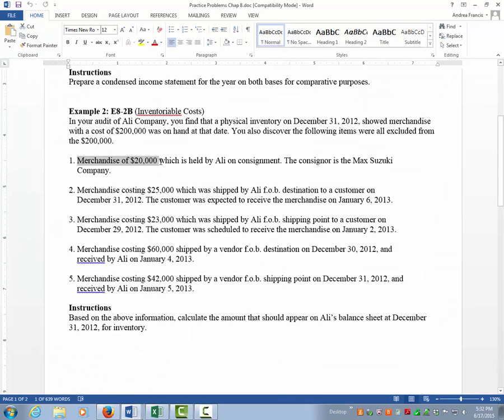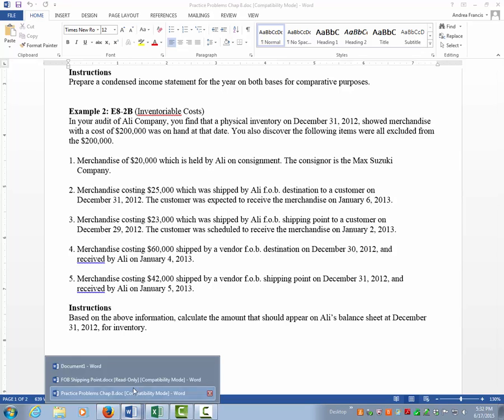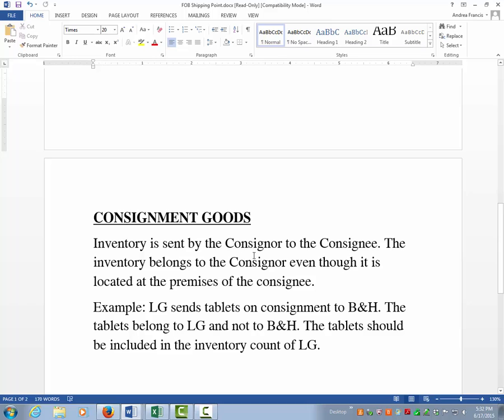So in number 1, there's merchandise of $20,000, which is held by Ali on consignment. The consignor is the Max Suzuki company. So let's go back to our theory about consignment goods. Inventory is sent by the consignor to the consignee. The inventory belongs to the consignor, which in this case is Max Suzuki.